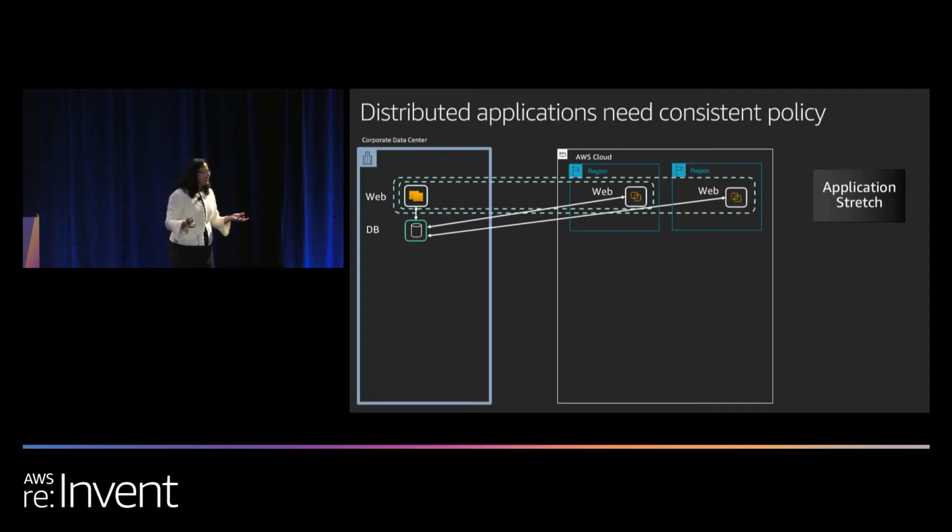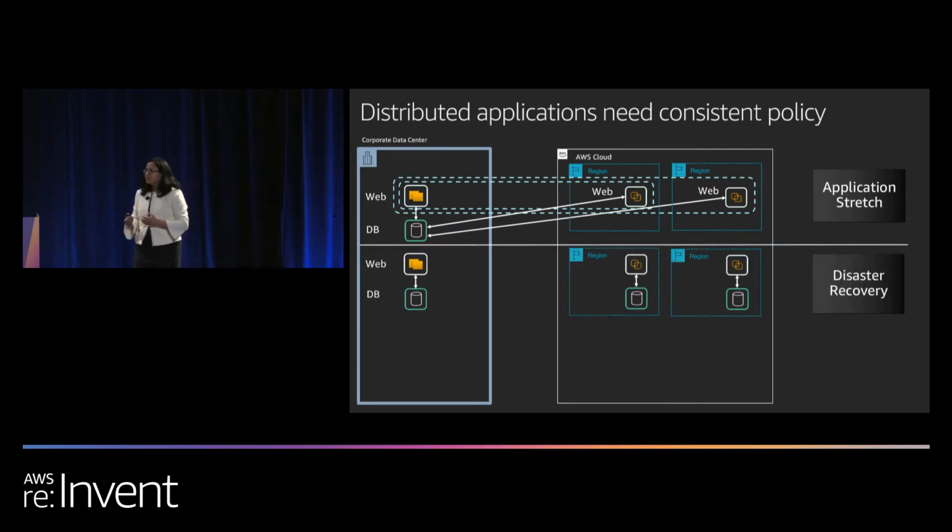So suppose you are a retail company, it's the Thanksgiving and the holiday season, you are expecting a lot of traffic on your web servers, and as your IT ops teams start preparing for this holiday season, they start to build or stretch their web servers between the on-prem and the cloud sites. As they start doing that, they need to ensure that any communication policy for these web servers are also dynamically moving with these web servers as they start scaling into the cloud.